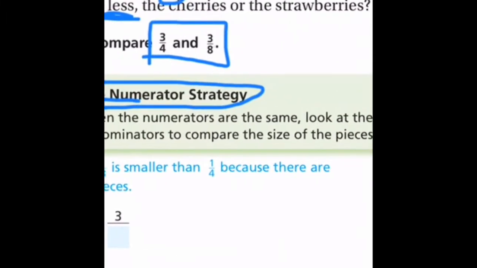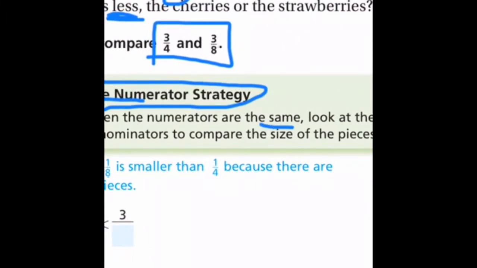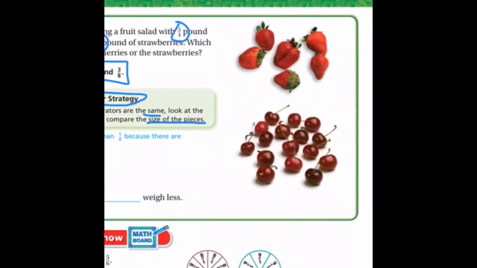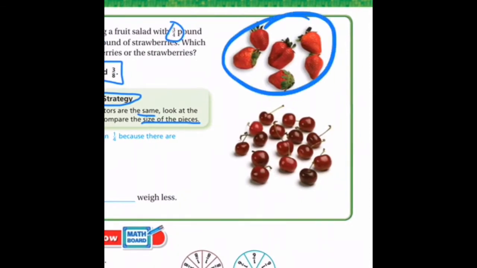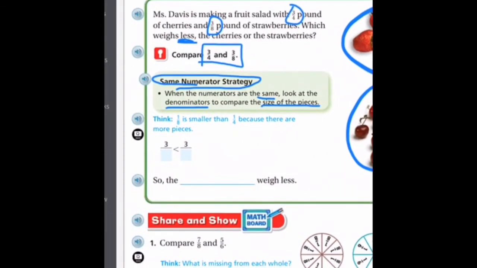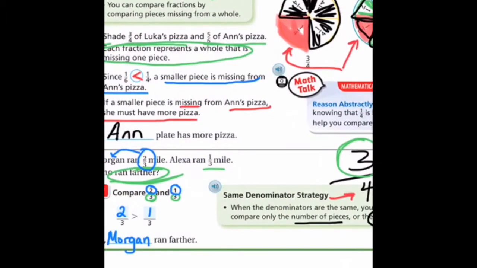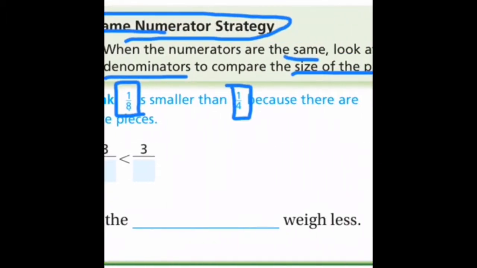When the numerators are the same, look at the denominators and compare the size of the pieces. Here we're comparing the strawberries and the cherries. All right, 1/8 is smaller than 1/4 because there are more pieces in the 1/8. There are 8 pieces that make up the whole here.